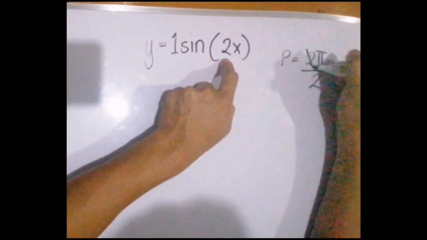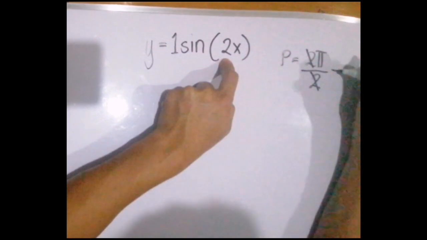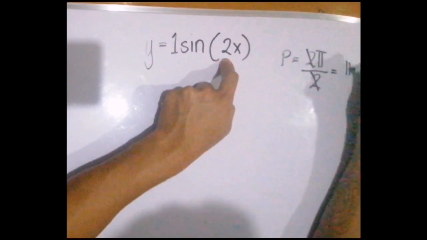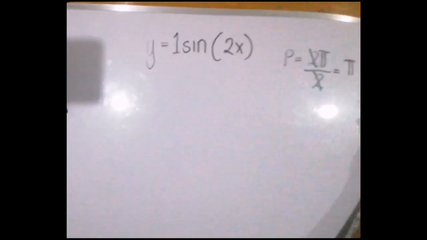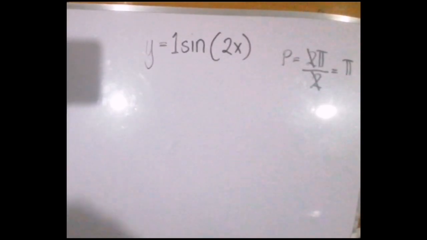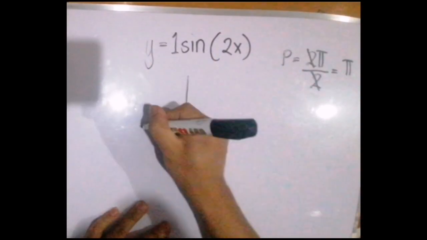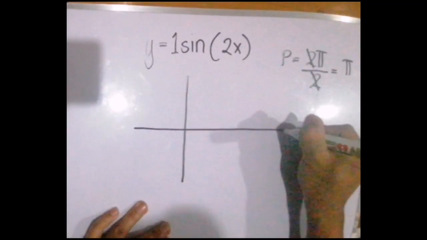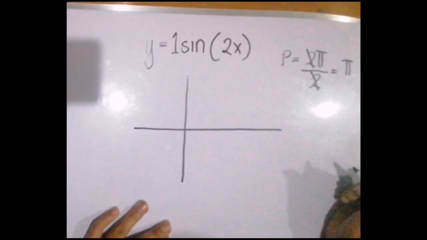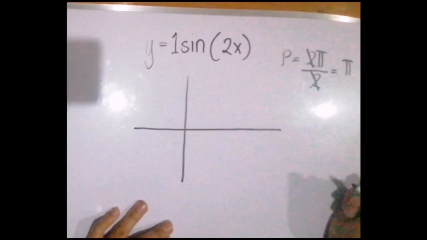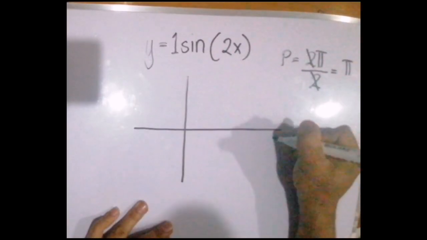So we're going to cancel it out, and the period will be pi. So this is our period. Let's graph it out. Its period is pi.